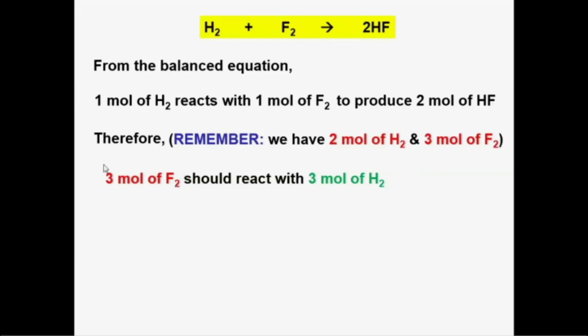It means that if we have 3 moles of fluorine, for the reaction to be completed, 3 moles of hydrogen must react with 3 moles of fluorine. However, we don't have 3 moles of hydrogen. How many moles of hydrogen do we have? Yes, guys, we have 2 moles of hydrogen, not 3 moles.